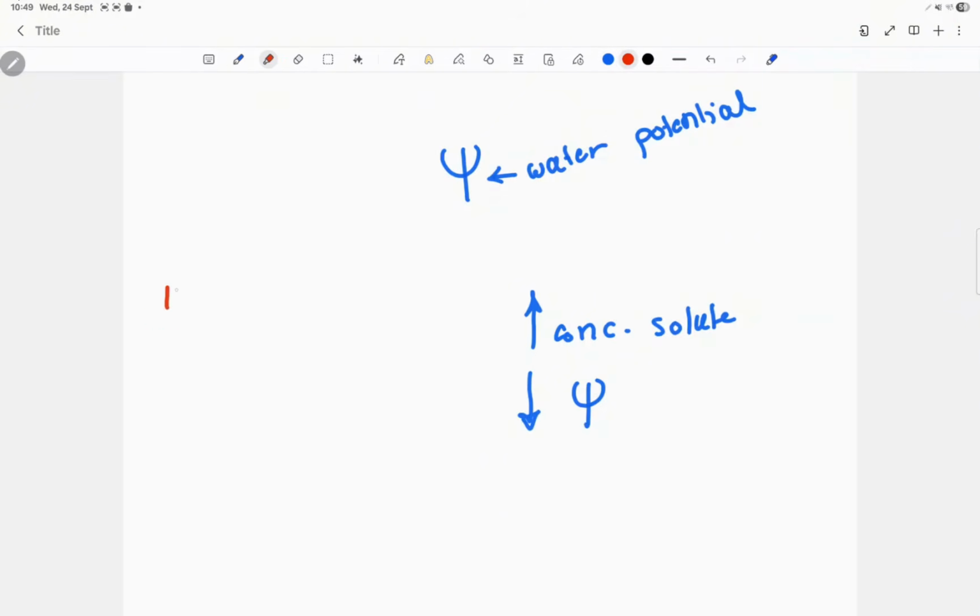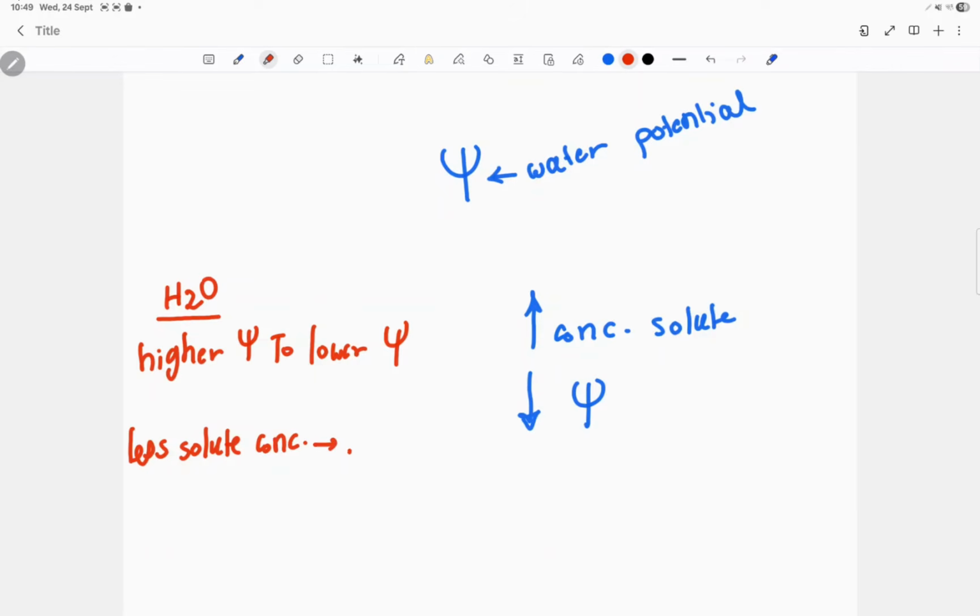And the water will always go from the higher water potential to the lower water potential. And water will always go from the less solute concentration to the more solute concentration.